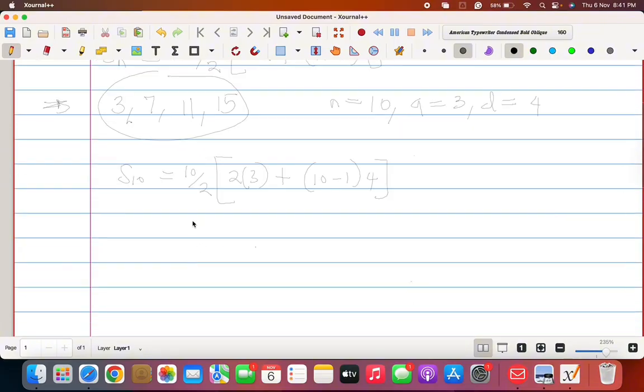So this becomes 5. 2 times 3 is 6 plus 10 minus 1 is 9, 9 times 4. So let's do this. This is 9 times 4, which is 36, plus 6. No, we still deal with the brackets first. So this is 36 plus 6, which is 42.